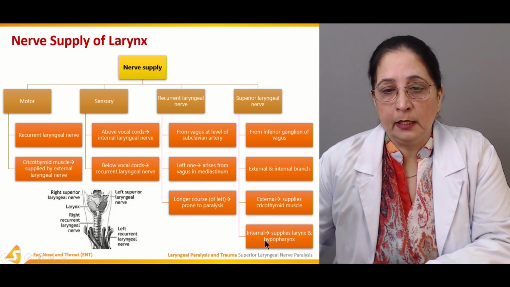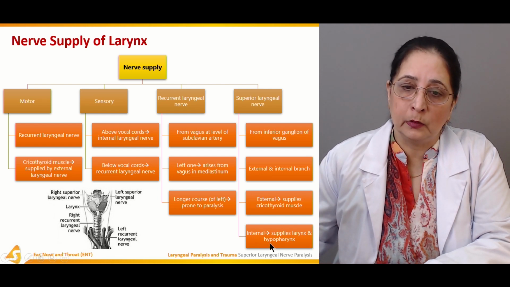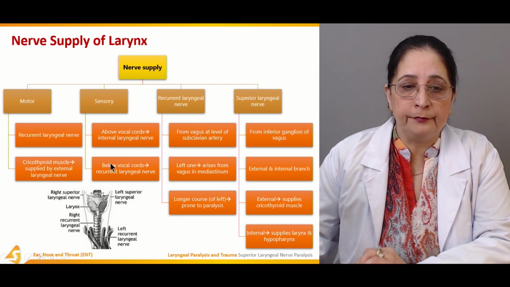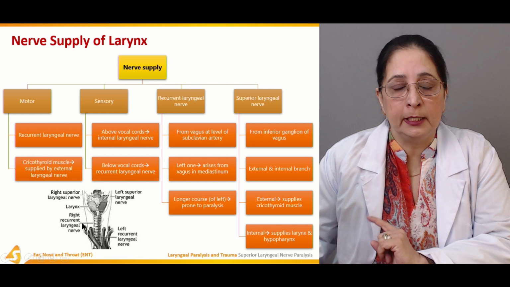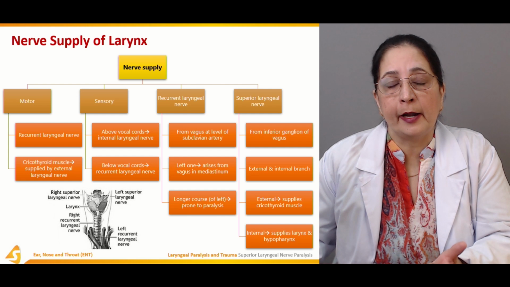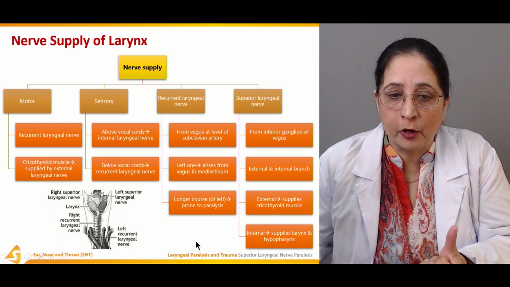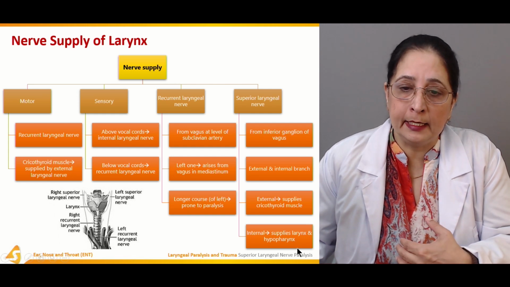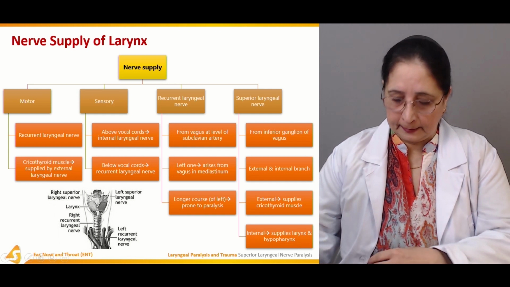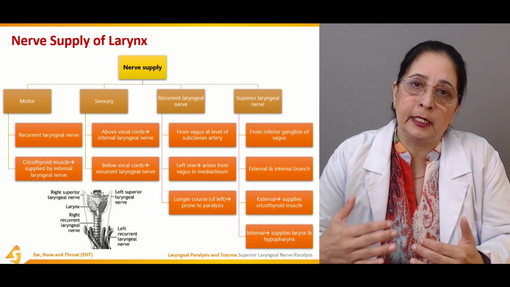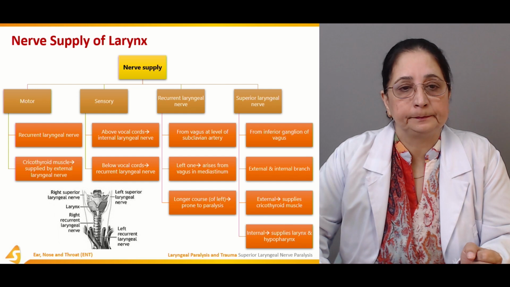The internal branch supplies the larynx and hypopharynx. So this is all about the superior laryngeal nerve, which is divided into the internal and external branches. The external branch supplies the cricothyroid muscle. The internal branch supplies the larynx and the hypopharynx. So a very good description of all the nerve supply associated with the larynx.